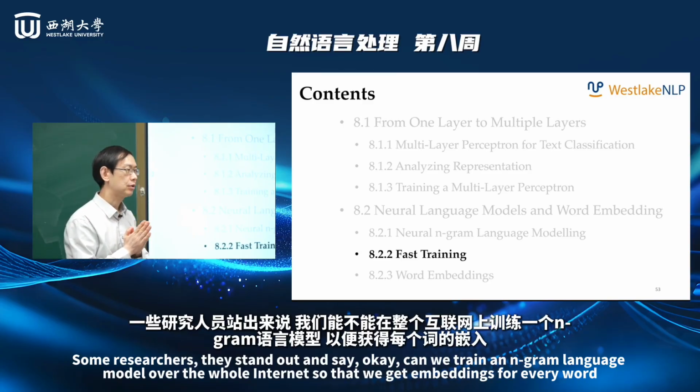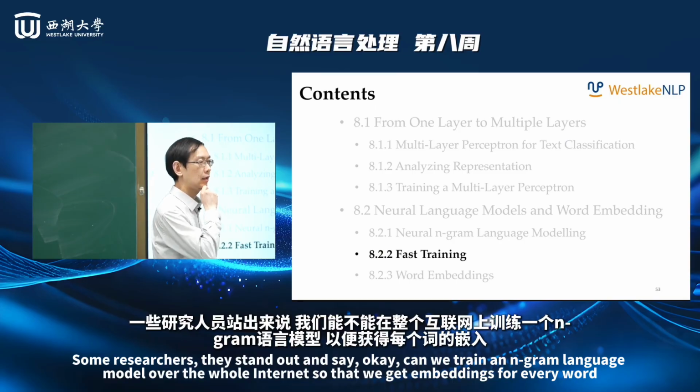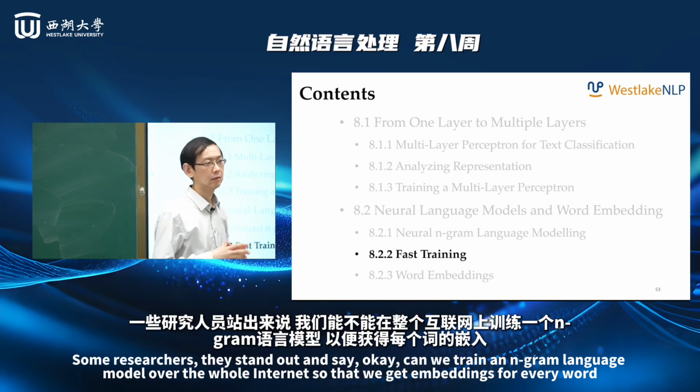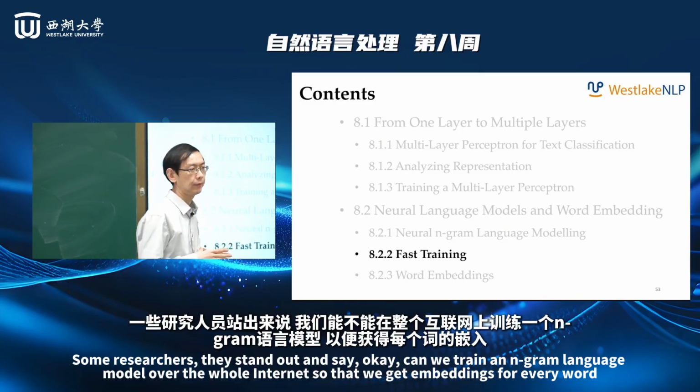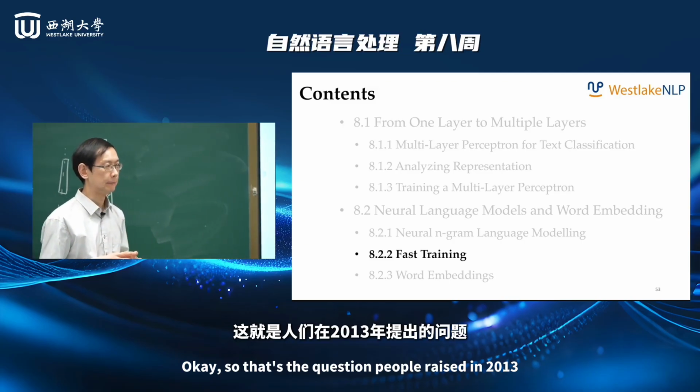Some researchers stood out and said, can we train an n-gram language model over the whole internet so that we get embeddings for every word? That's the question people raised in 2013.